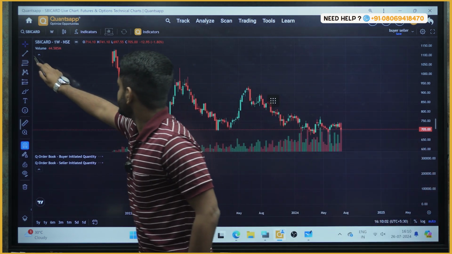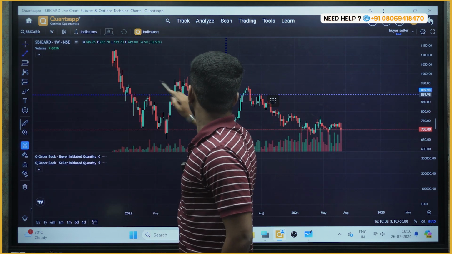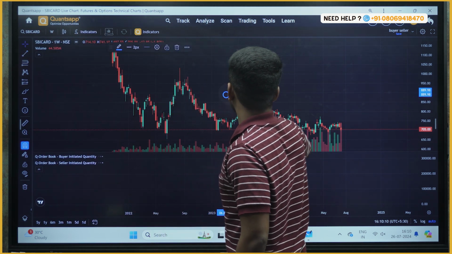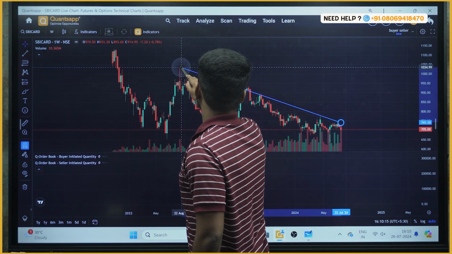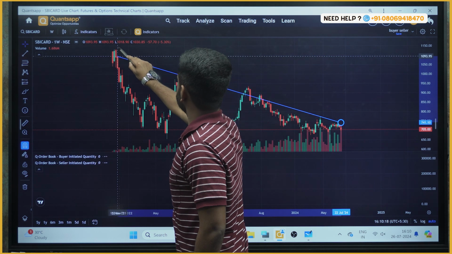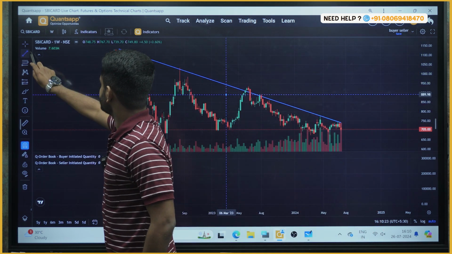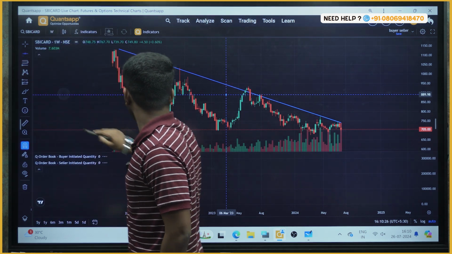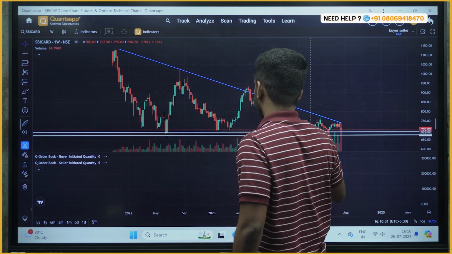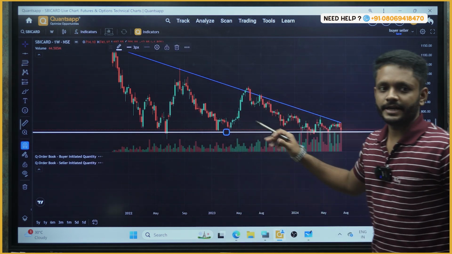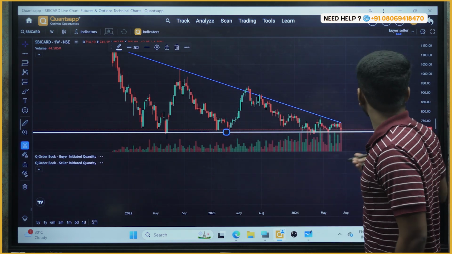See here, let me draw a trend line. See this, this is an ideal example. The stock tried multiple times, but it failed to break, correct? See, this is getting narrower and narrower. See, multiple times it tried. See how many times it tried, but did it break?